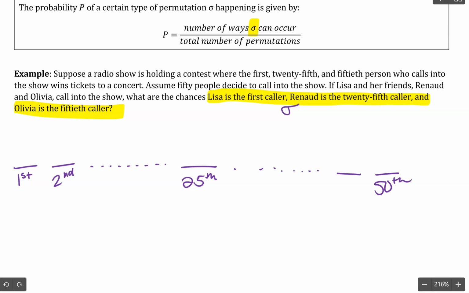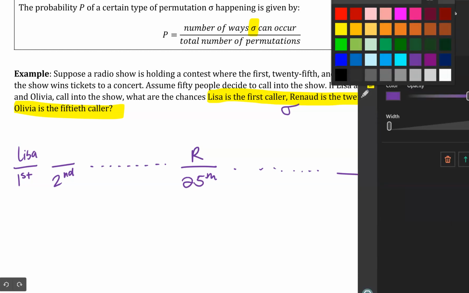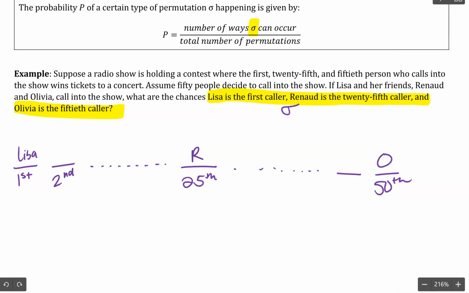So for this event that we're interested in, we have Lisa, and then we have Renaud, and then we have Olivia. And then the other people in there could be arranged in so many different orders. But what is fixed is our three people. So Lisa, Renaud, and Olivia are fixed values. Those cannot be moved because that's what we're interested in knowing.